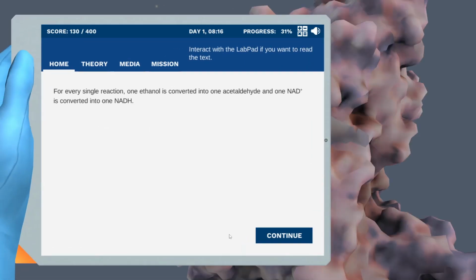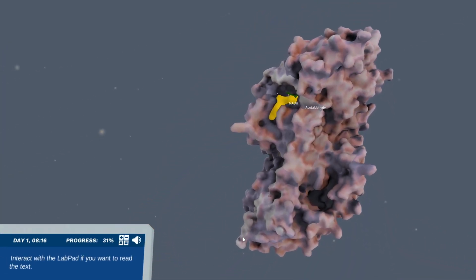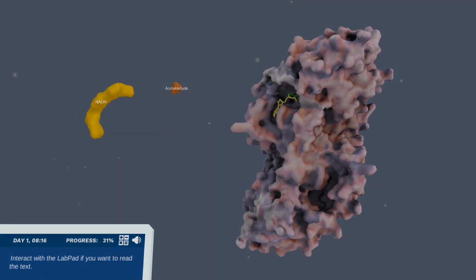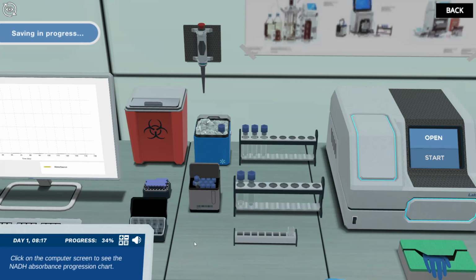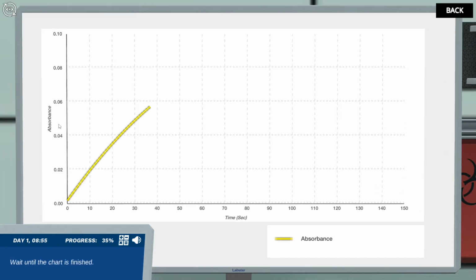For every single reaction, one ethanol is converted into one acetaldehyde and one NAD+ is converted into one NADH. Click on the computer screen to see the NADH absorbance. Wait until the chart is finished.